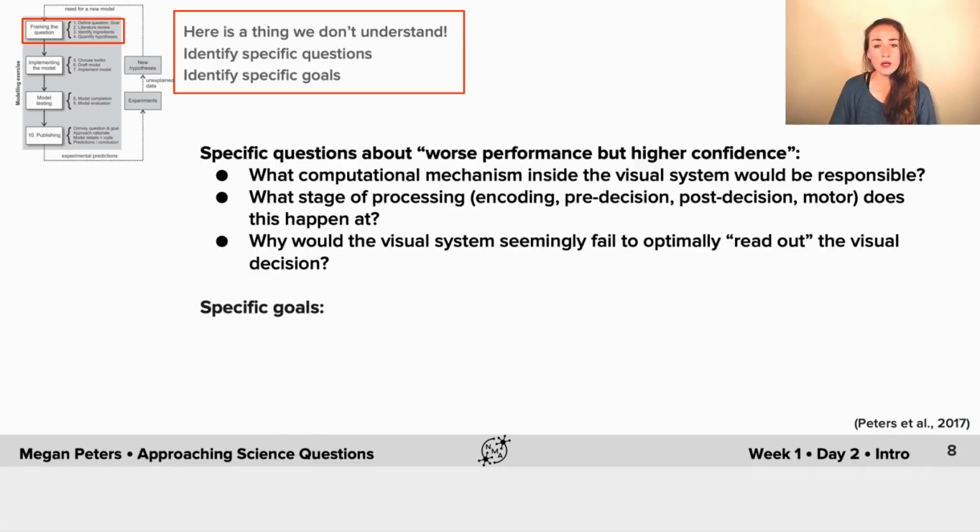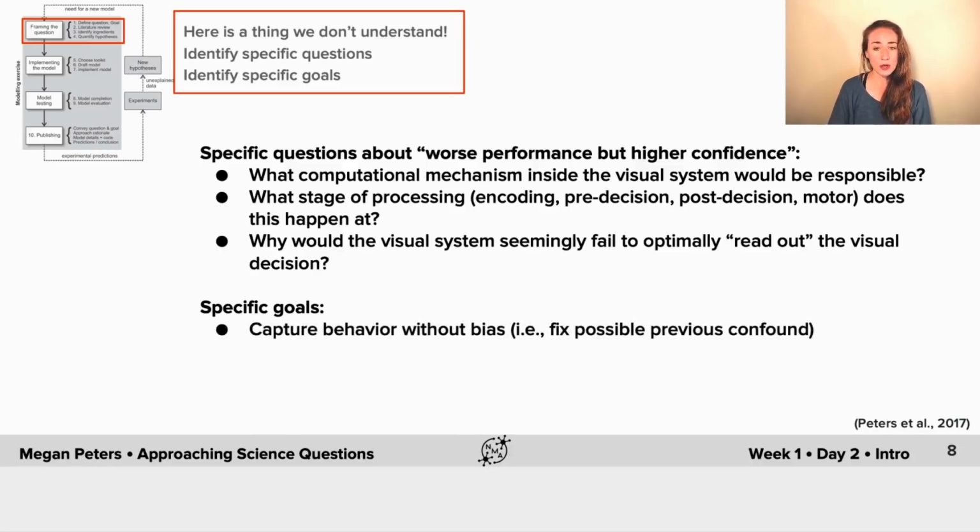So we also need some specific goals to help us answer these questions. And remember, these goals are like from the model diversity discussion that you guys had last night. So our first goal with this particular project was to fix some previous paradigmatic problems that we saw, some stuff in the behavioral paradigms that had been used that could potentially create biases in the interpretation of the data.